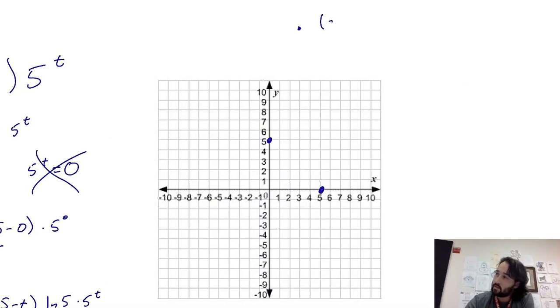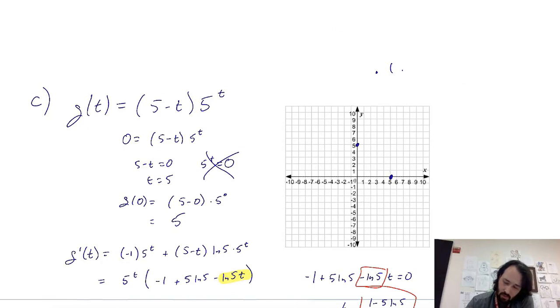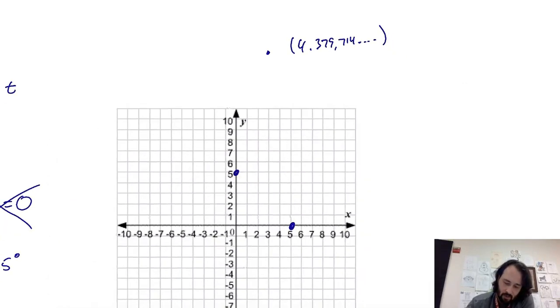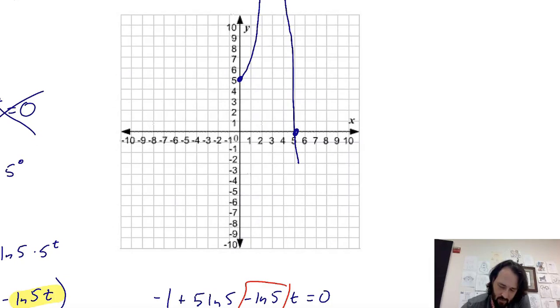So this is 4 point, oh, hey, stop. 4.378, 379, and 714. By no means would you have to do a problem like this without a calculator. Right, but that is huge. That is way up there. So that means I'm going up here, changing concavity right before I hit it, and then going back down, and it goes concave down forever.